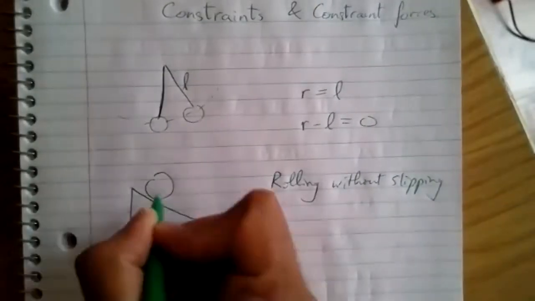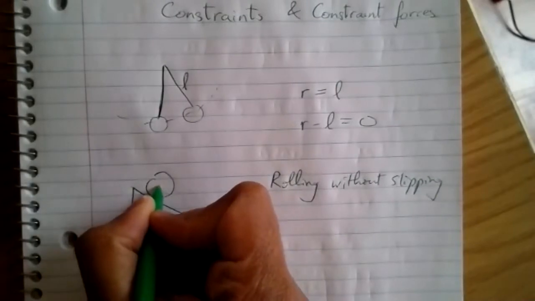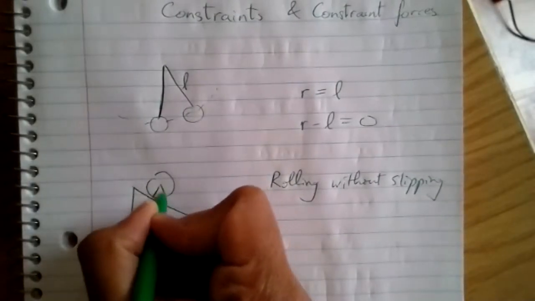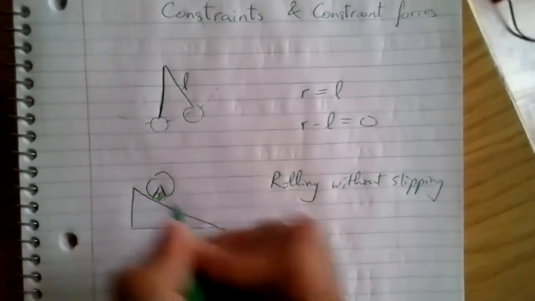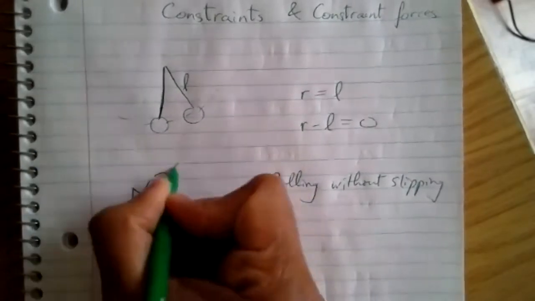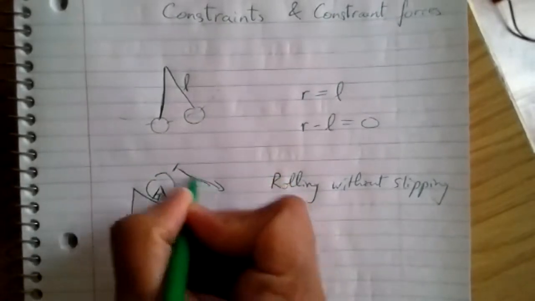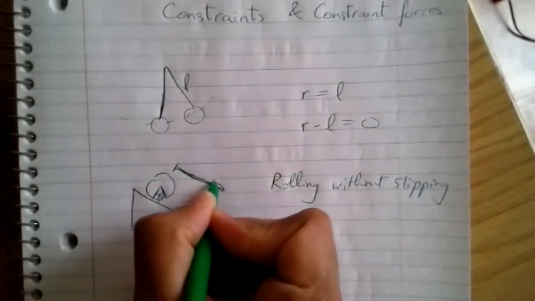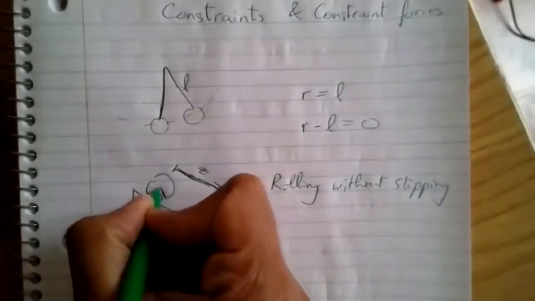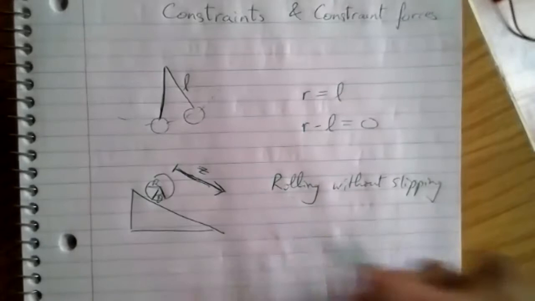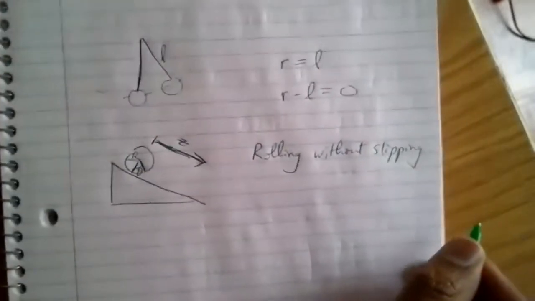Then if you look at the angle through which it turns, let's call that theta, and let's call the distance that it rolls z, and say that this is some radius r. What's the relation between z and theta?